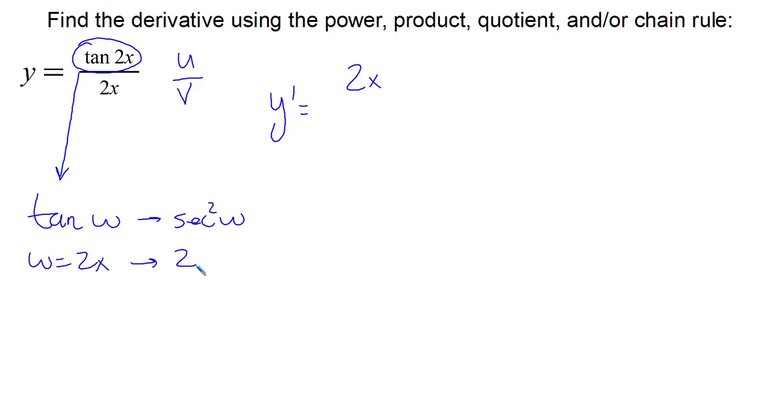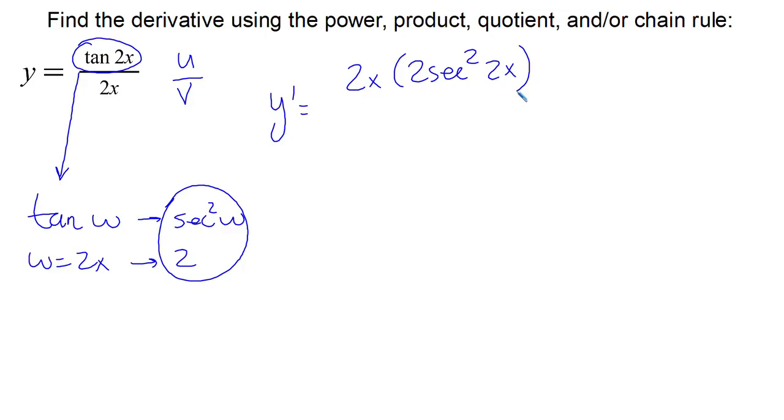So the du part of our quotient rule is going to be 2 secant squared w, or 2 secant squared 2x. So there's our v and then our du.